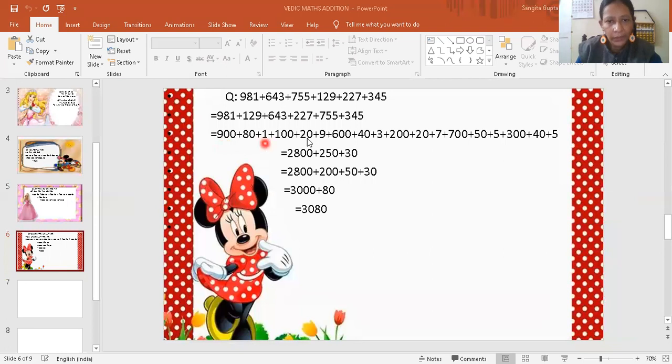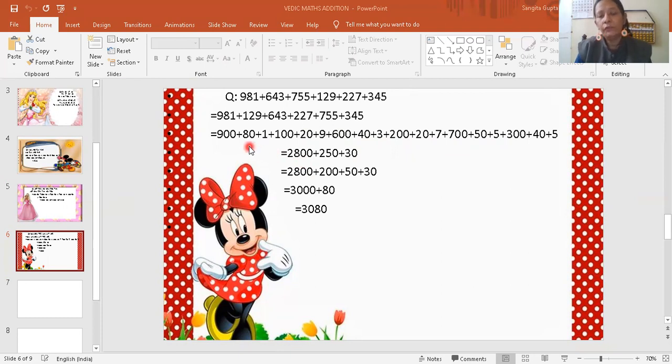Now 900 plus 100 is equal to 1000, 1000 plus 600 is equal to 1600, 1600 plus 200 is equal to 1800, 1800 plus 700 is equal to 2500, 2500 plus 300 is equal to 2800. So here I have written 2800.